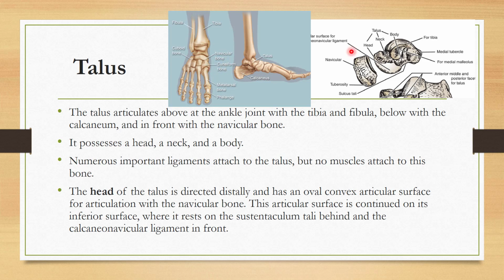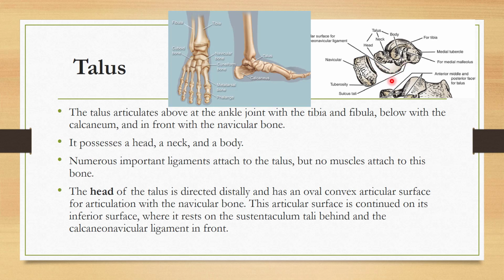This talus bone has 3 parts. See here, this is talus bone. It has 3 parts. First part is head, then there is a neck and then there is a body. Head is directed distally, and this head, because it articulates with the navicular bone, has a convex articular surface with which it articulates with the navicular bone. Okay, this surface is continued inferiorly and it is in relation with two structures.